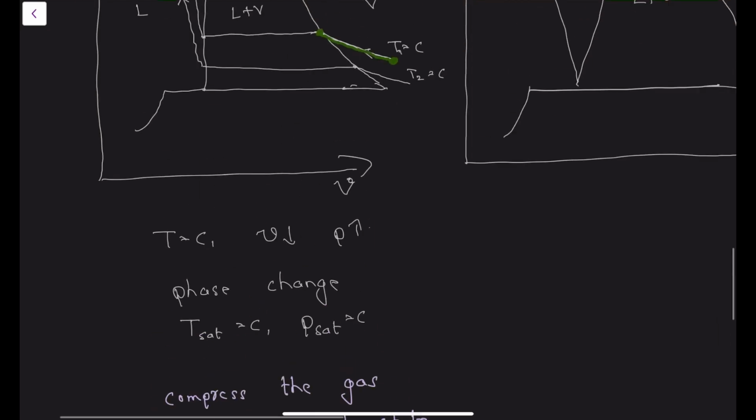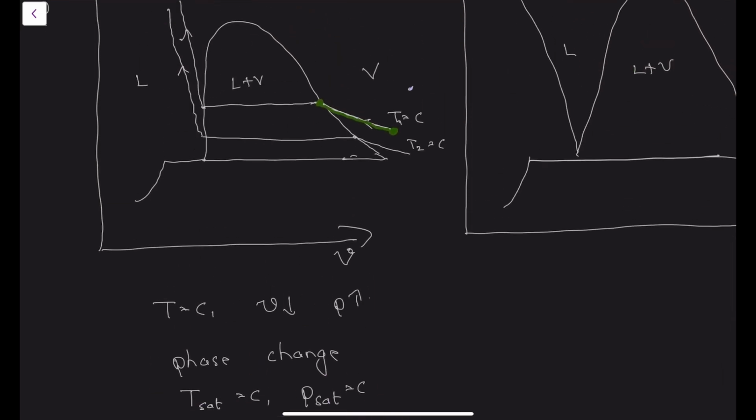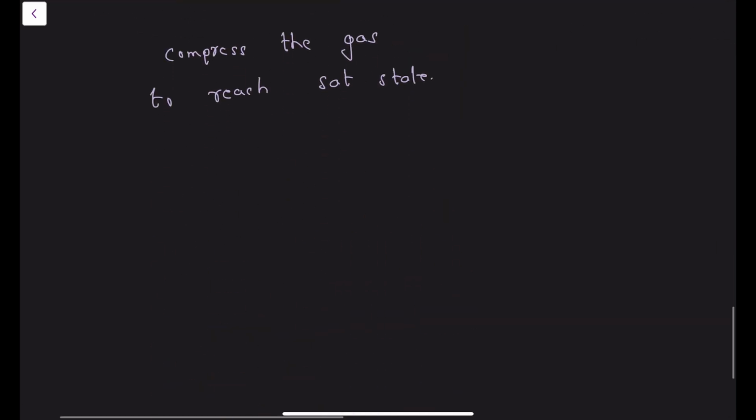So the gas in this portion is called rarefied gas. Rarefied gas means you need to add additional pressure to reach the saturation state.